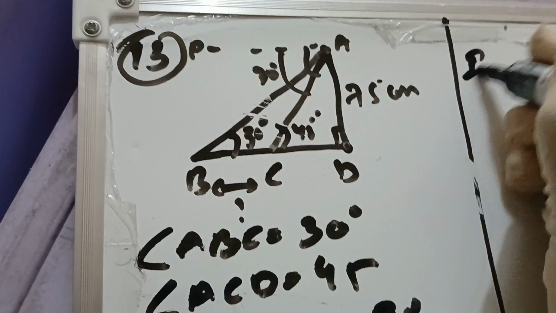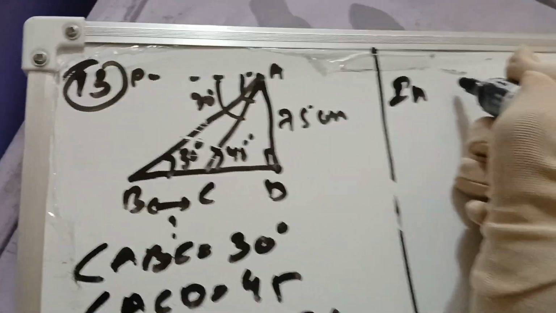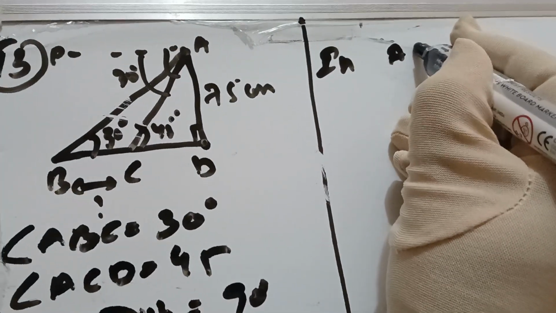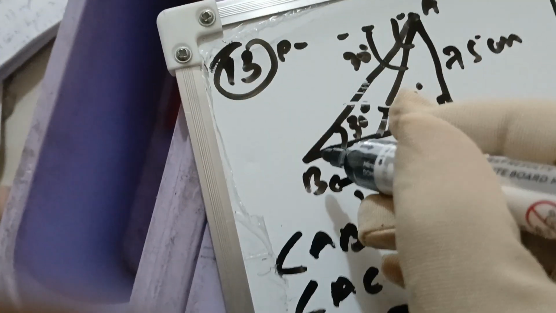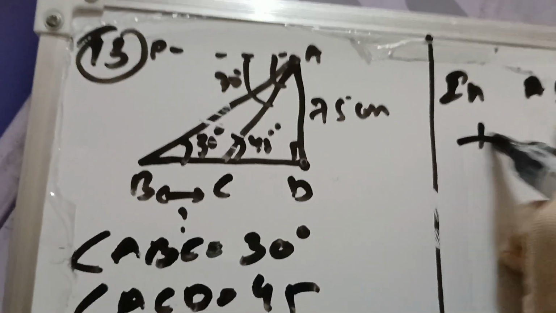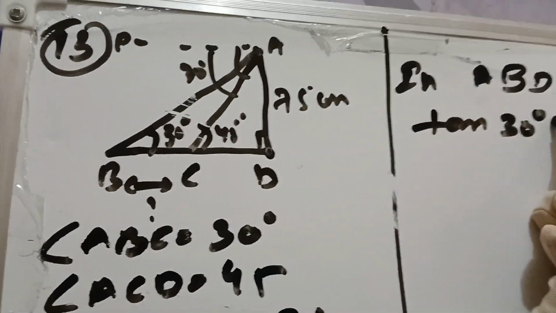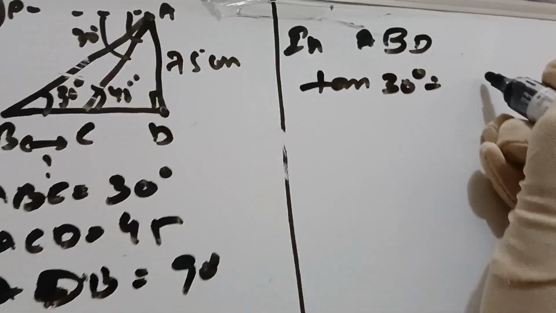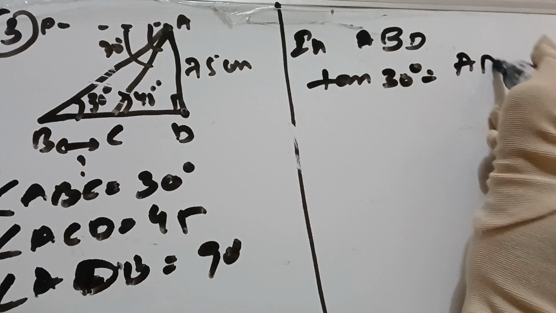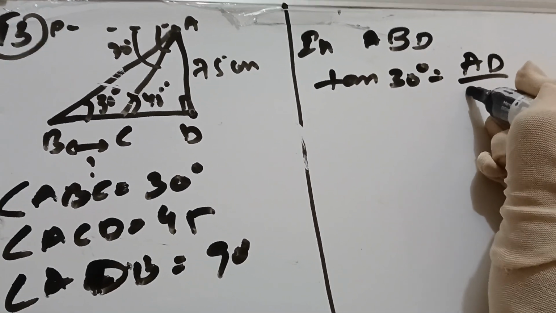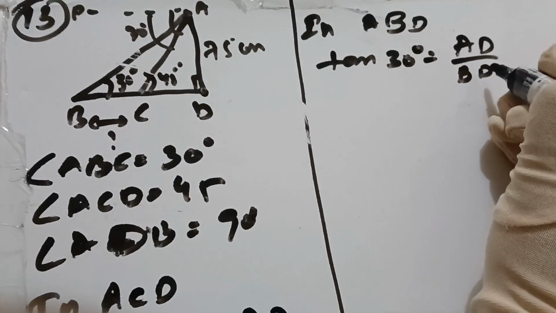Next in triangle ABD, the big one, tan 30 degrees equals AD by BD, opposite by adjacent.